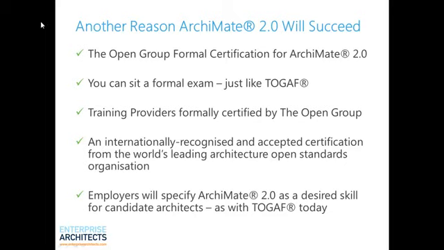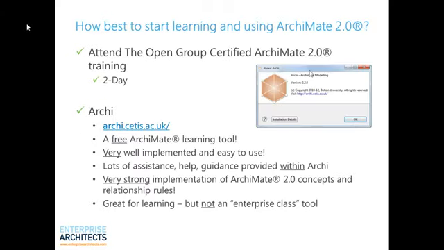If we wanted to start learning and using Archimate, how would we go about it? First thing I would do is I would download the Archimate 2.0 specification, the manual, from the Open Group website, and I'd have a go at reading that. And then I would recommend that you attend the 2-day Open Group certified Archimate training from an Open Group certified training provider.